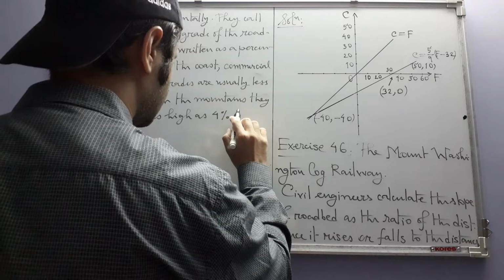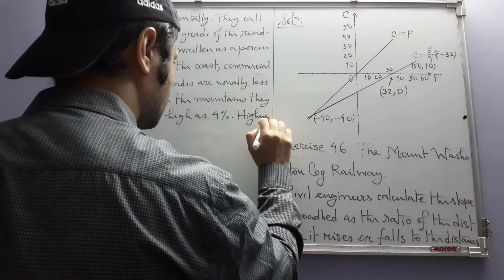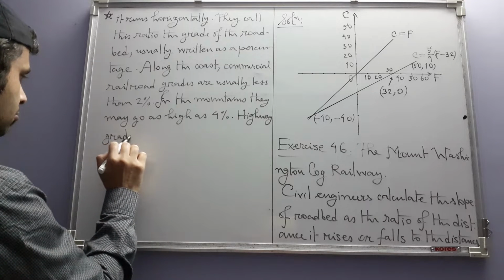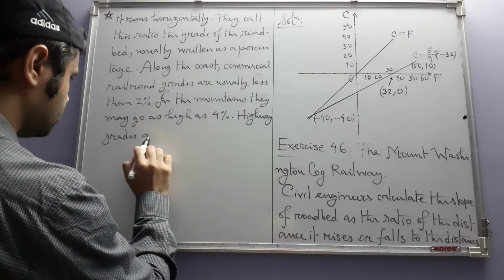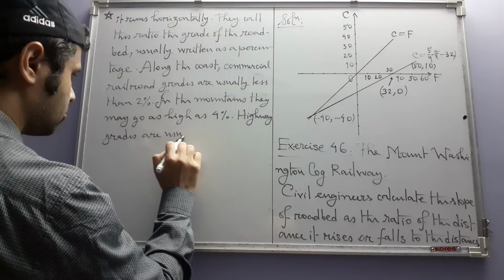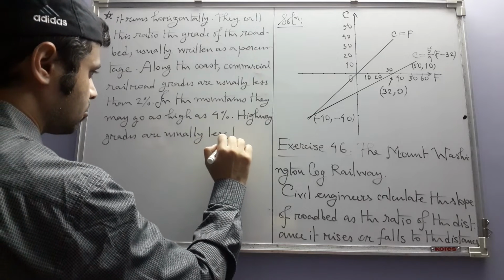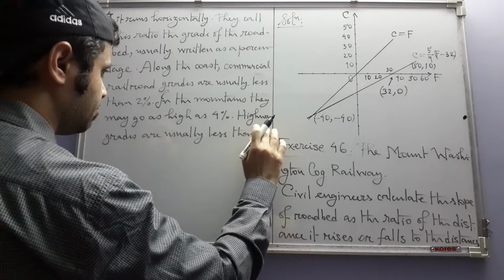Highway grades are usually less than 5%.